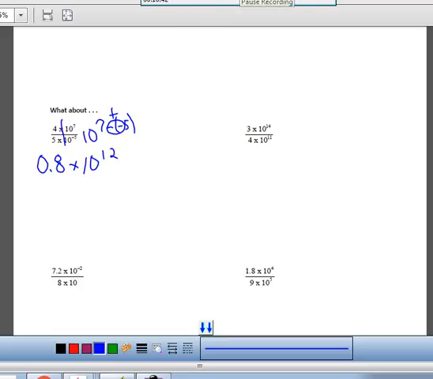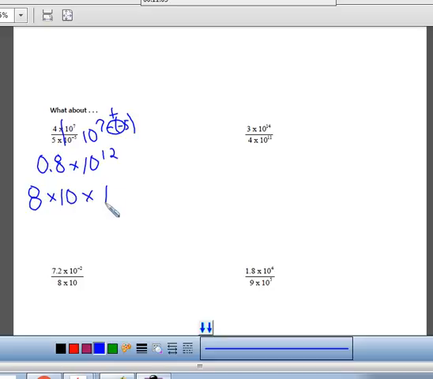Now, the problem with this answer is 0.8 is not between 1 and 10. So we've got to convert this. Another way to think of this is, I can move the decimal over 1 by multiplying it by 10.